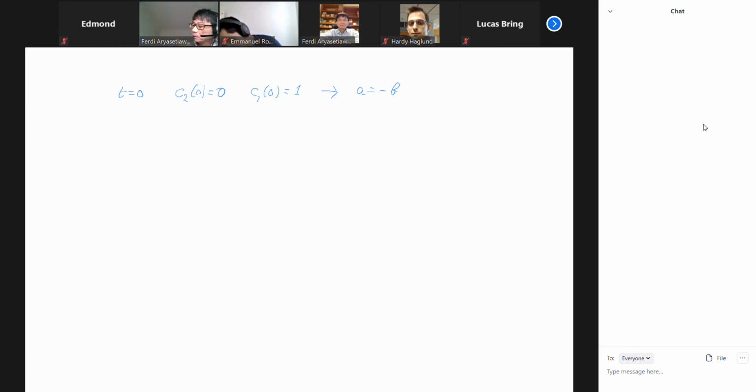And then we can also use the equation that C2 is equal to, well, let me write this down, B plus A, and then we bring down the exponential.